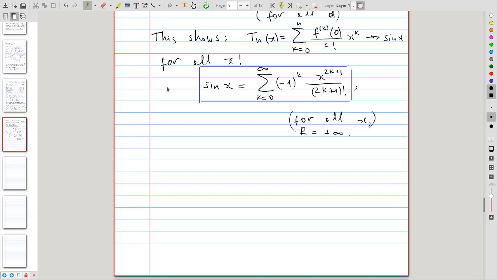Okay, so suppose now we would like to find the Maclaurin series for cosine of x. There are two options.